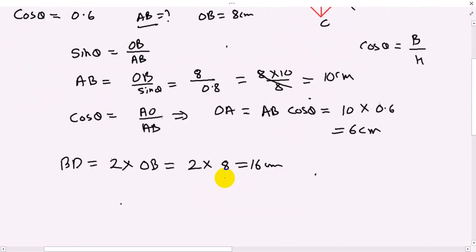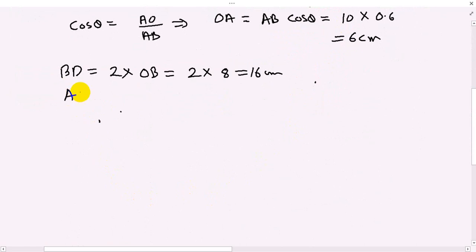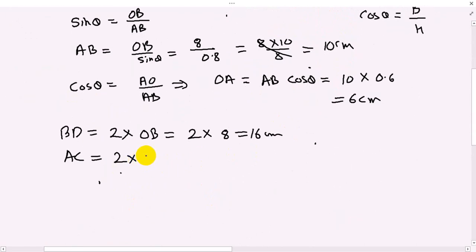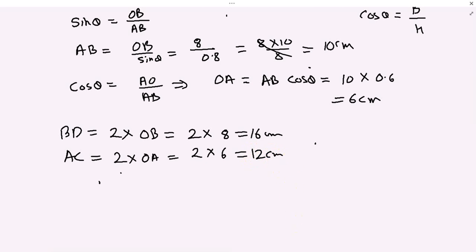And AC is equal to 2 into OA, which we found to be 6, so 12 centimeter. Hope it is clear.